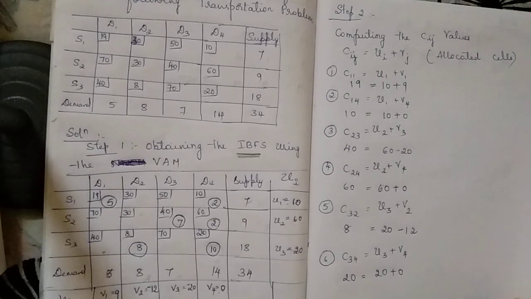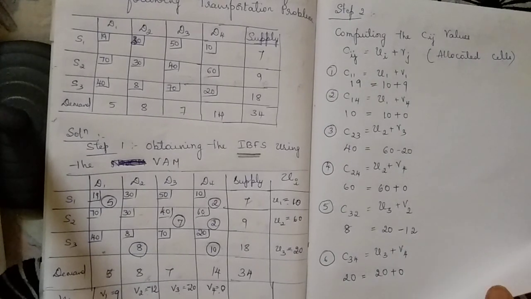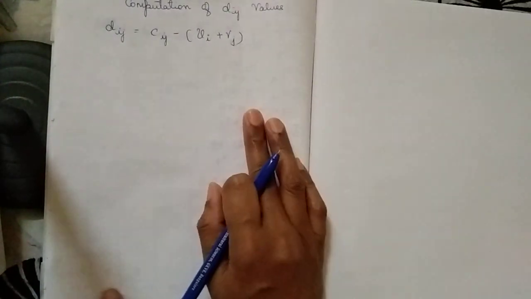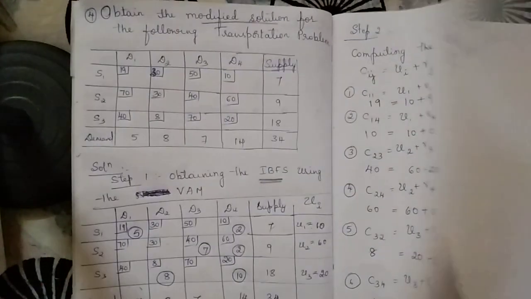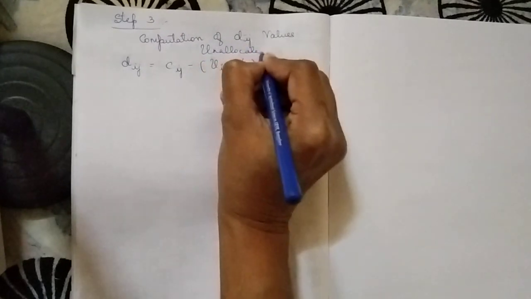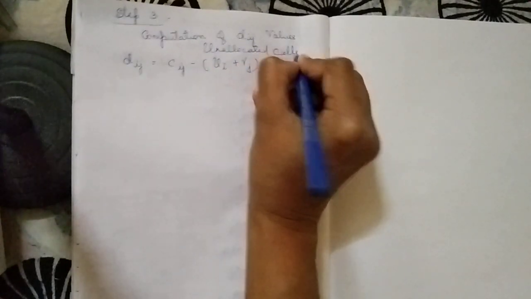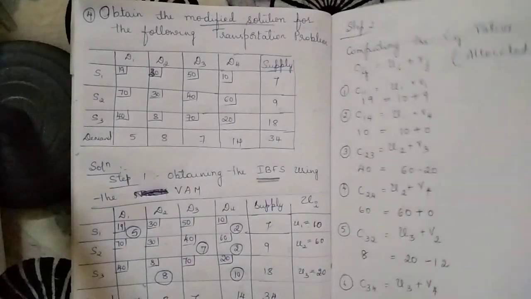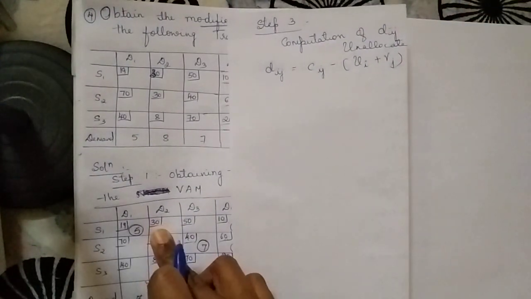Now we will have to calculate the Dij. The Dij values are equal to Cij minus (ui plus vj). This is for unallocated cells. If you observe the unallocated cells here, it is 30 here, right?